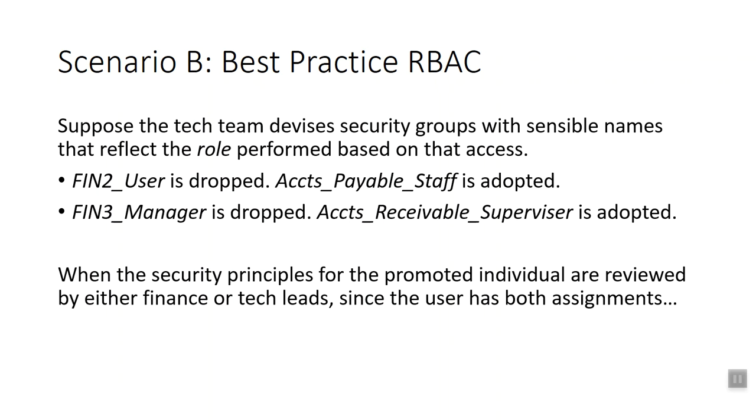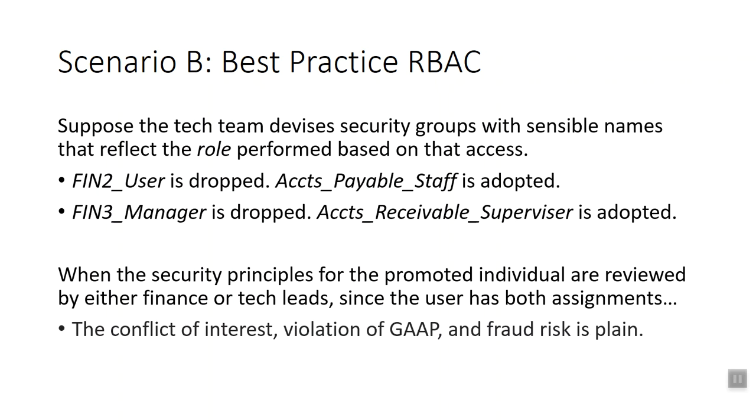Ooh, that's a problem. The conflict of interest, the violation of generally acceptable accounting procedures, or GAAP, right? Those standards, the violation of GAAP standards and a fraud risk is plain. Somebody says, oh snap, they can take money in and they can write checks out. What keeps them from taking money in and funneling money back out to themselves or their friends?